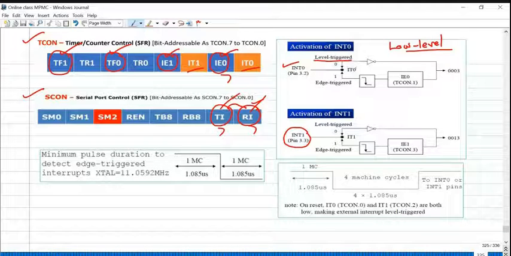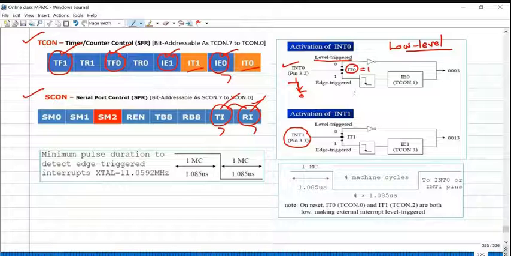Suppose we make IT0 equal to 1, interrupt type control 0 equal to 1, then the interrupt is recognized whenever this particular P3.2 pin goes through a negative transition. Edge triggering, particularly negative edge trigger. Please remember this.